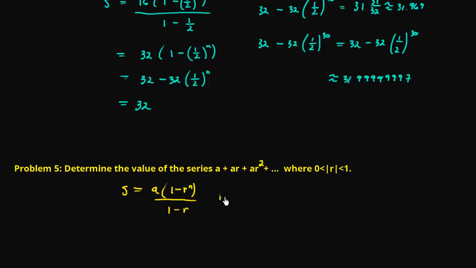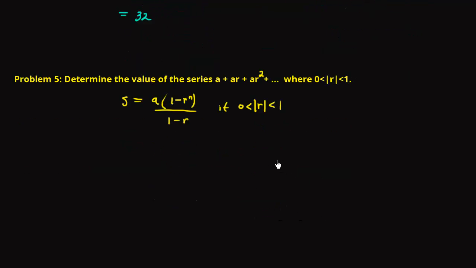And if the absolute value of r is between 0 and 1, we can say that as n approaches infinity, r to the power of n is actually equal to 0.